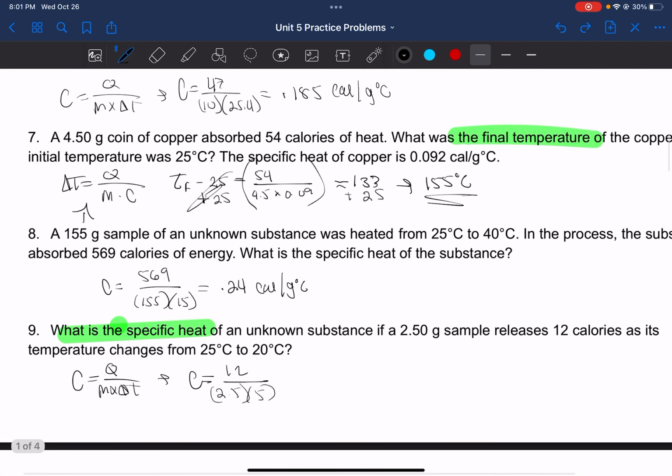Okay, so I just put in the calculator, 12 and then 2.5 times 5, giving us an answer of 0.96 calories per gram degree Celsius. And that's how you do those practice problems.